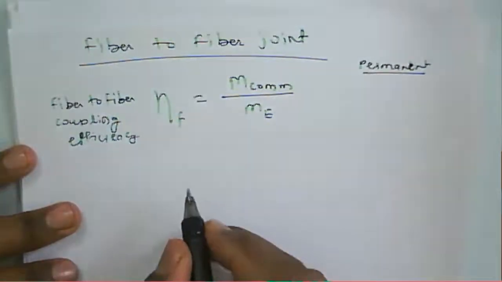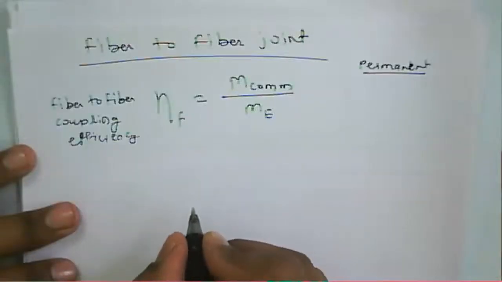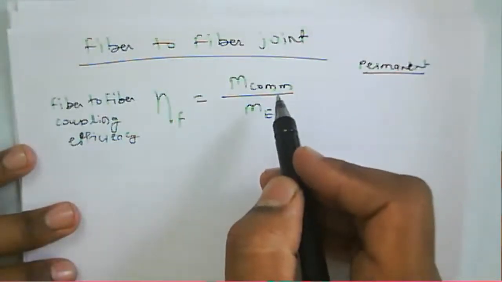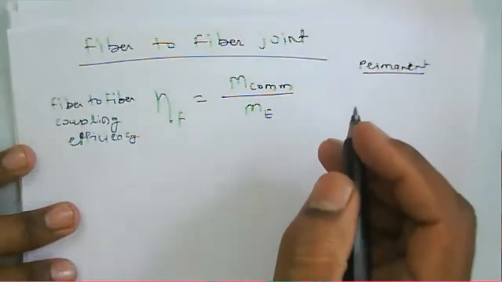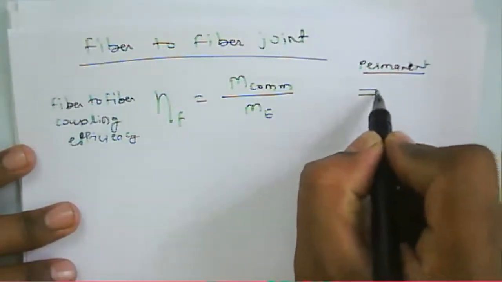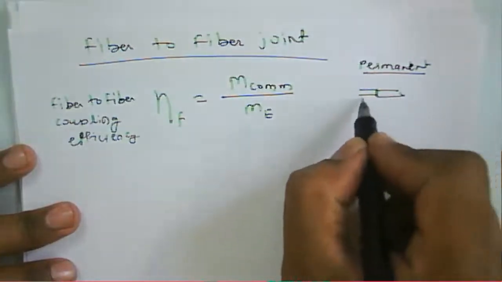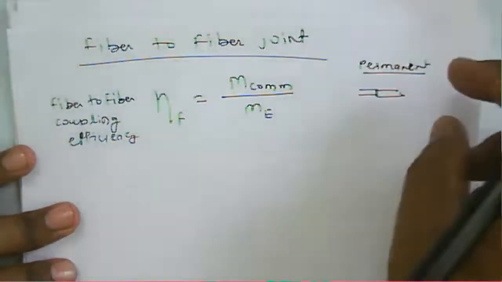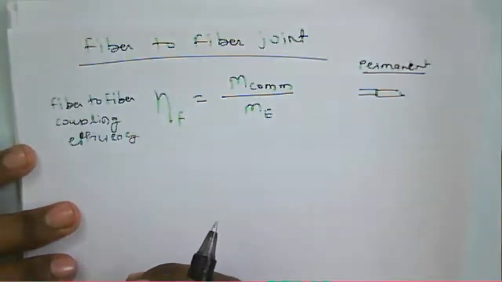That is called a permanent joint or a permanent bond, or two fibers can be easily demountable. That means we permanently connect two fibers, or we can easily separate two fibers by using a connector.